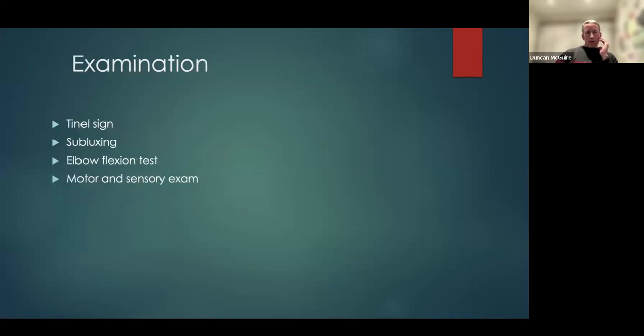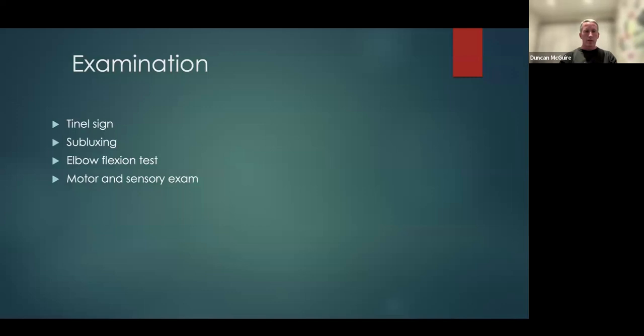All right, so when you examine the patients for cubital tunnel, the Tinel sign is usually pretty accurate, pretty reliable here. I find with carpal tunnel, the Tinel sign is usually negative, doesn't help much. But in the elbow, I think because the nerve is much more superficial, just tapping on the nerve in a patient with cubital tunnel, they often get shocks and they don't like it when you tap on that nerve.